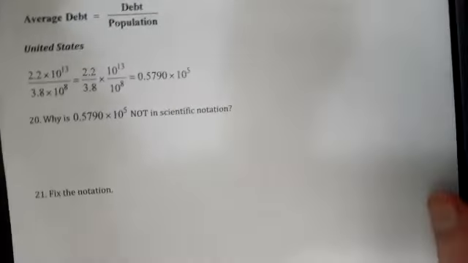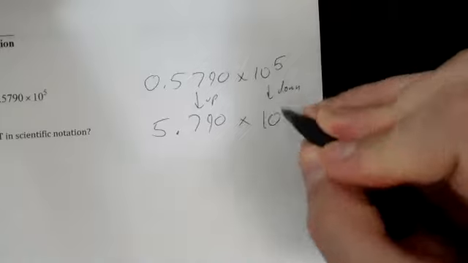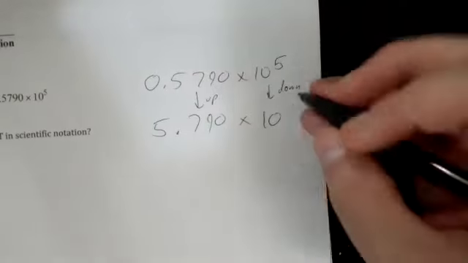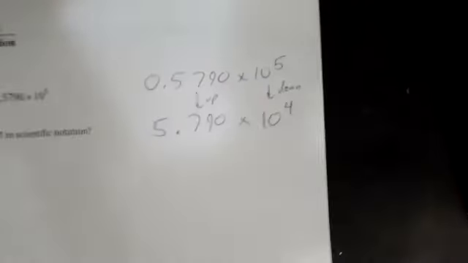That's the sort of approach that I take to figure this out. So I need to move this from 0.5790 to 5.790. So I want this to be the same number. And so this went up, this has to go down, and it has to go down by a single decimal, or by 1.